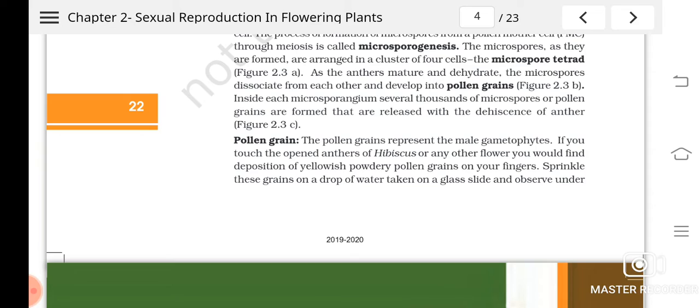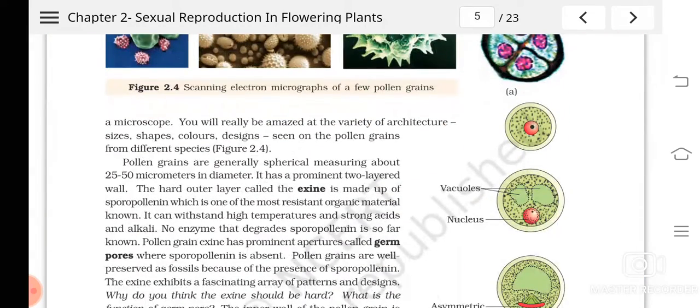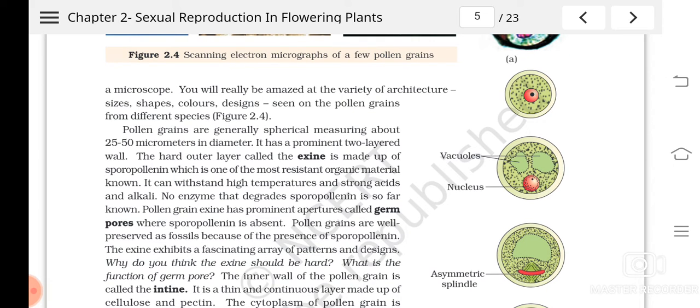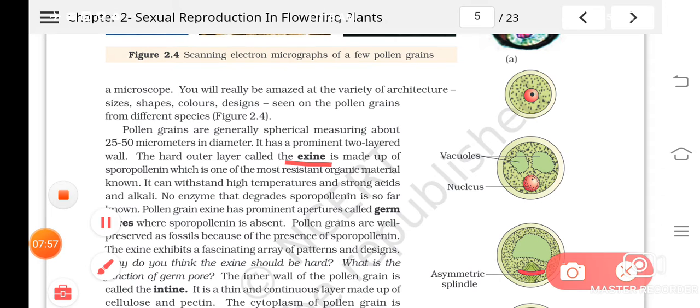If you see the structure of a microspore or a pollen grain, it has a wall having 2 layers. The outer wall layer is known as the exine, and it's made up of a substance known as sporopollenin, don't forget, which is one of the most resistant organic materials. Understood? Sporopollenin.